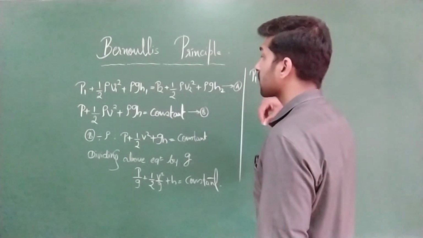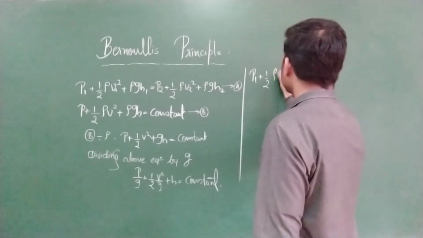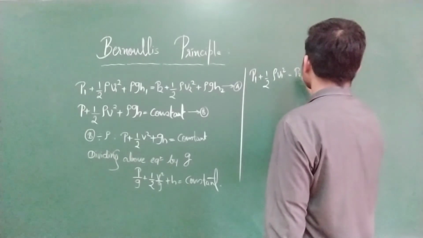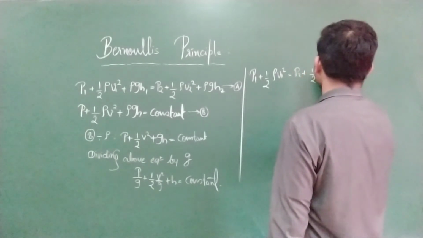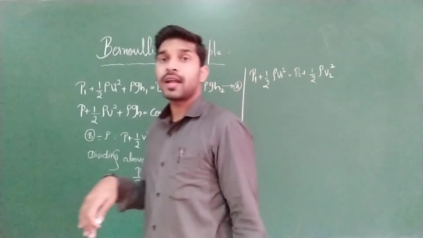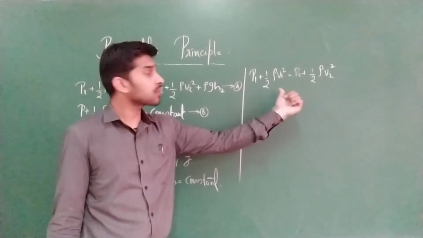P1 plus half rho V1 square is equal to P2 plus half rho V2 square.